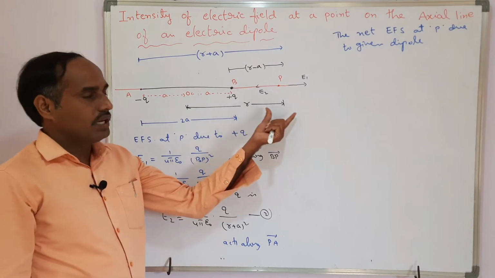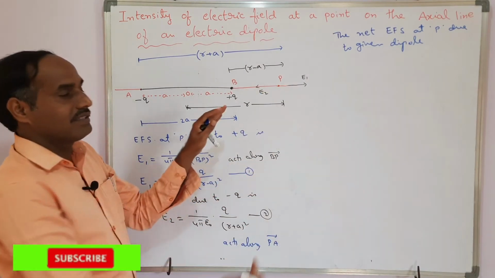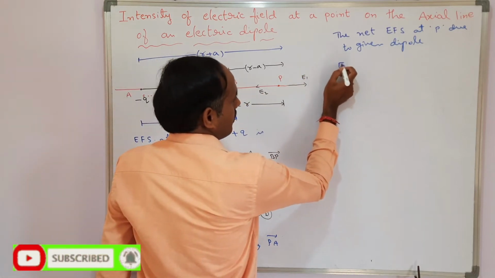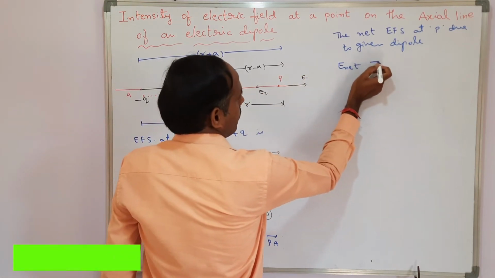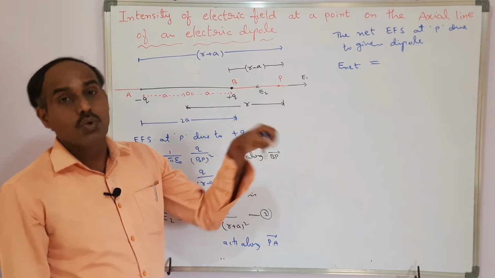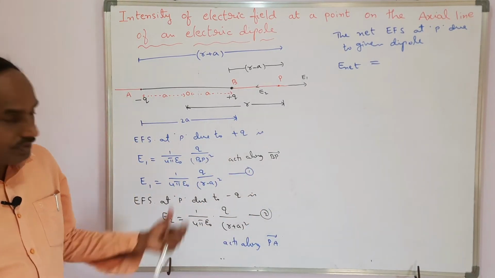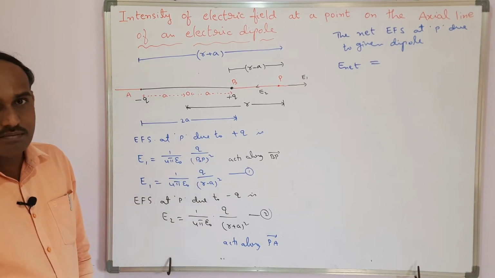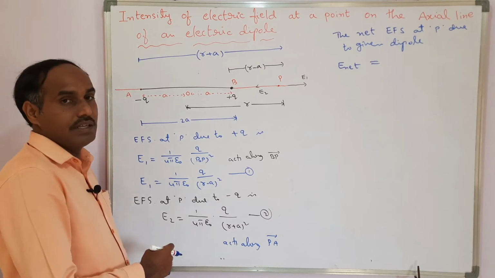Here we have two electric fields, one rightward and another leftward, so the difference of the two gives the net electric field. Therefore the net electric field is equal to, sir, is it E1 minus E2 or E2 minus E1? For that you have to check which of E1 and E2 is the greater one. Just tell me which is the greater one here.